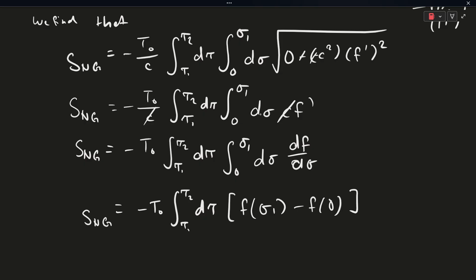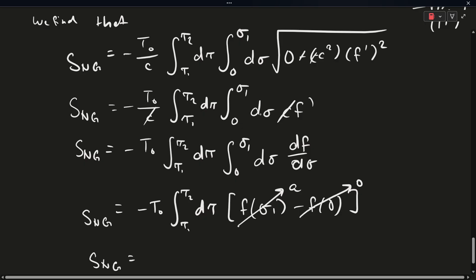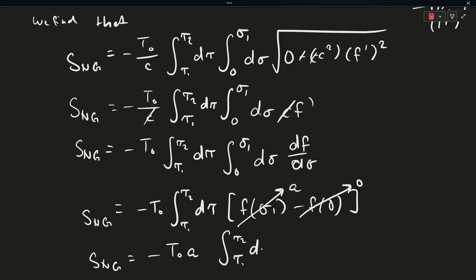But we know f of 0 is 0, so that vanishes. And we know that f of sigma 1 is essentially a, so I can replace it with a. And a is a constant, and I can pull it out. So negative T0 a integral from tau 1 to tau 2 of d tau.